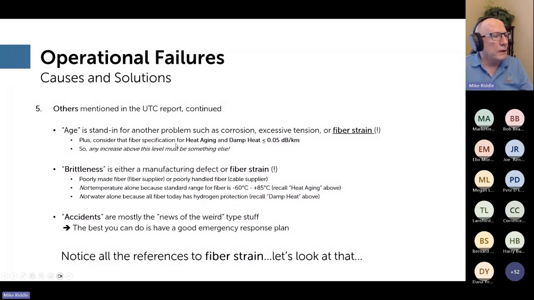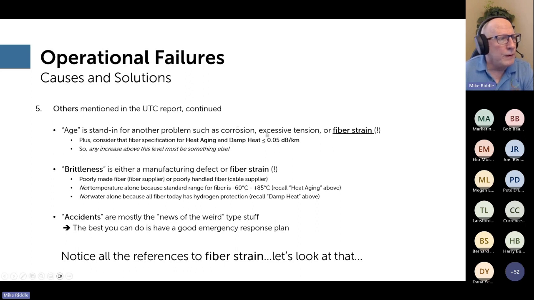If you look at a specification from the fiber suppliers like Corning, you'll see that there's a specification for heat aging and damp heat, and it's less than 0.05 dB per kilometer. So if your increase due to age can only be 0.05 dB per kilometer, then any increase above that is something else going on.